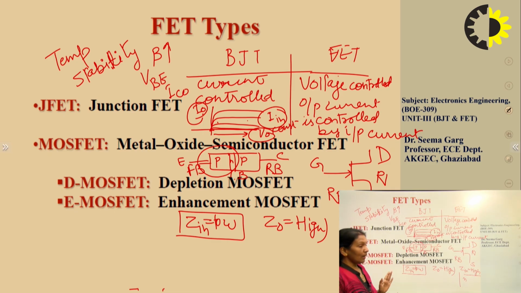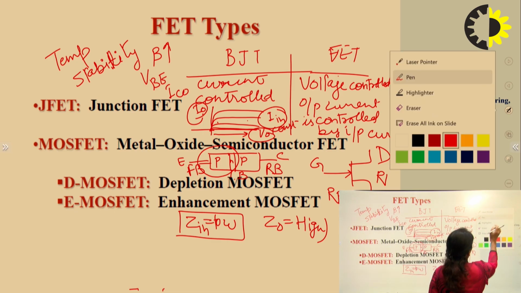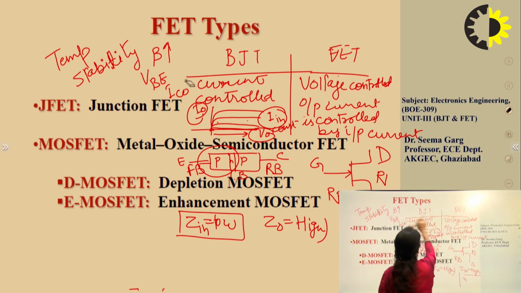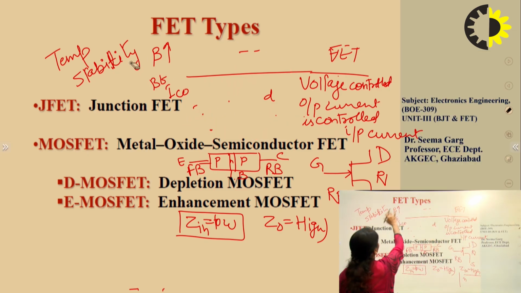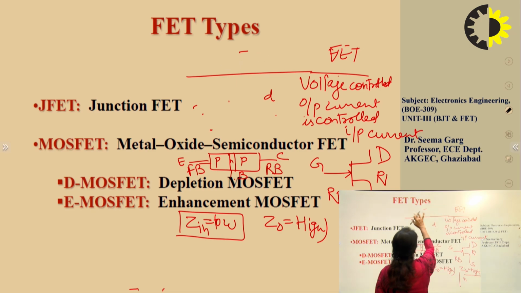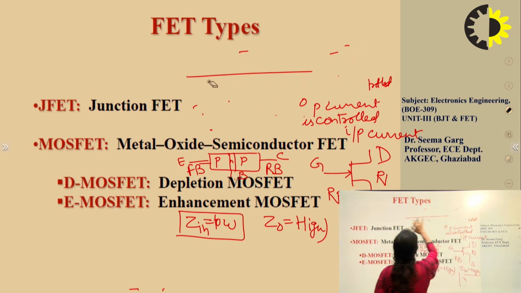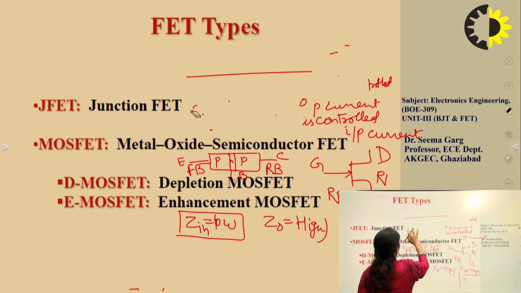So these are a few differences between the field effect transistor and the bipolar junction transistor. Now coming to the various types of the field effect transistor.